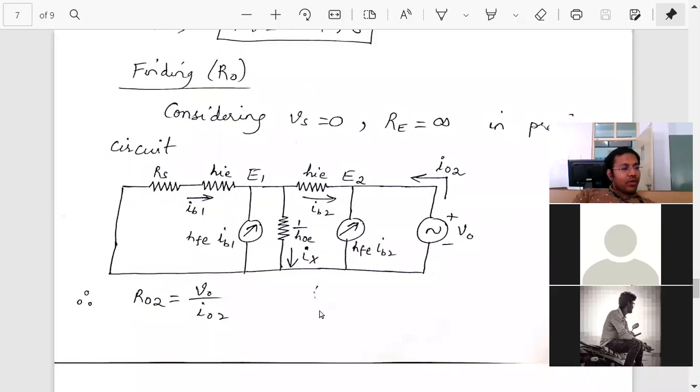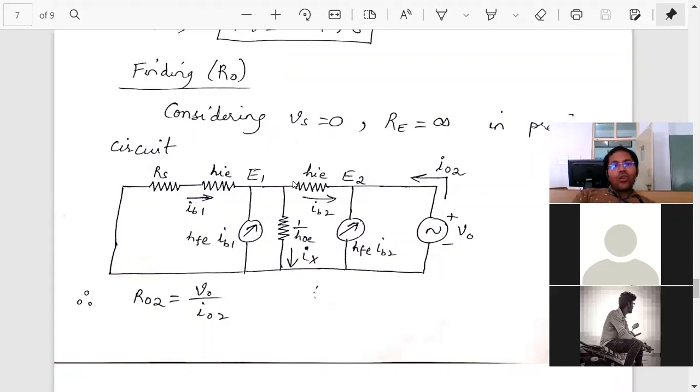At the output terminal, we are connecting a voltage source. Current drawn from the voltage source, we are writing it as I02. Then the transistors. This is one transistor, and then this is the other transistor.